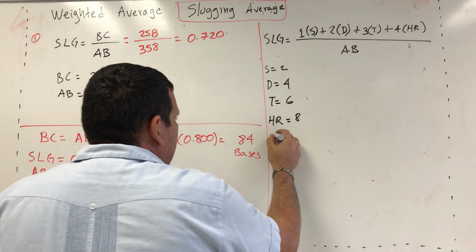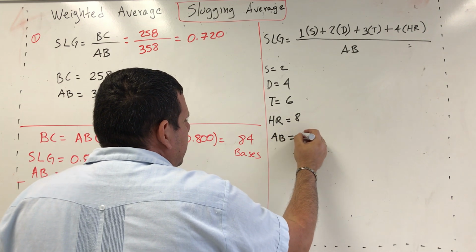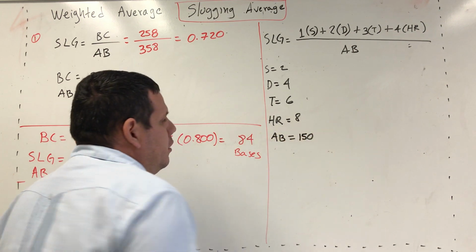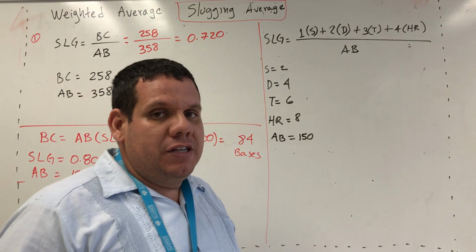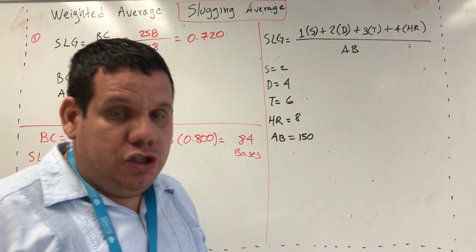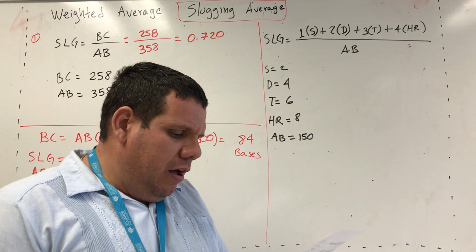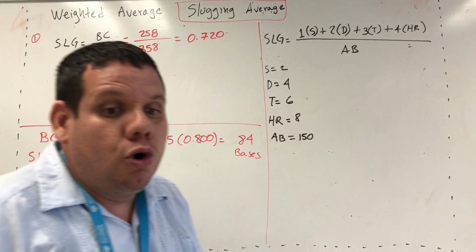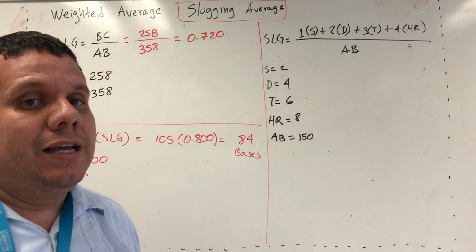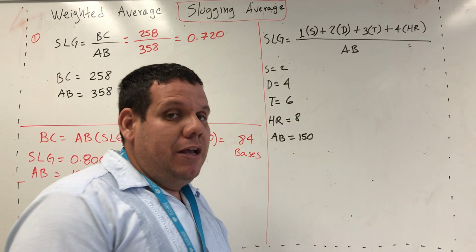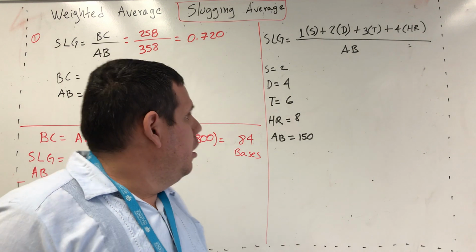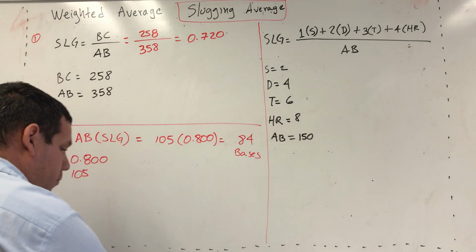Okay, the at bat is 150. So that means that this player went 150 times to the bat position. Okay, so how do I get his score to know whether this player is good or not? Okay, just follow the formula.